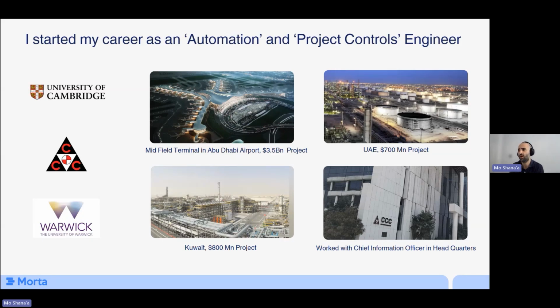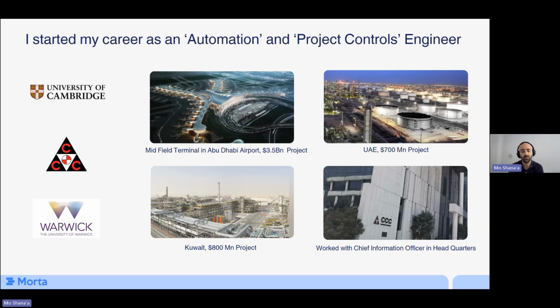I then ended up going to Abu Dhabi to work on the Midfield Terminal project, which was a $3.5 billion project. I then spent time on 2 oil and gas projects, one in the UAE and the other in Kuwait. Then went to Cambridge to do my master's in engineering for sustainable development, and then went back to the same company to work with our chief information officer.